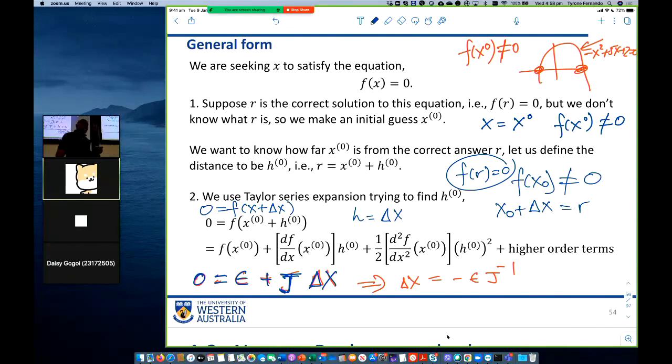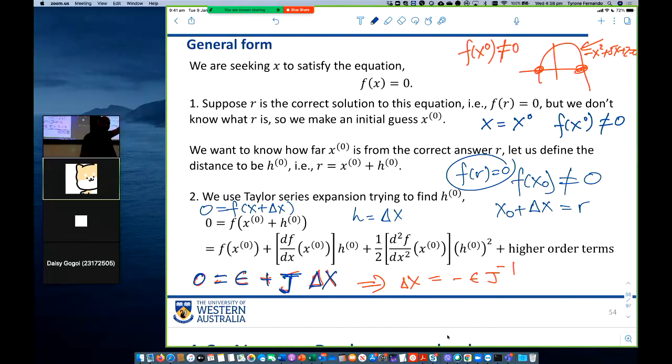Now the Taylor series about x0 is f(x0) plus the first derivative evaluated at x0 times delta x plus some higher order terms. We can continue to write 1 over 2 factorial, second derivative evaluated at x0 multiplied by delta x squared, and continue like that.